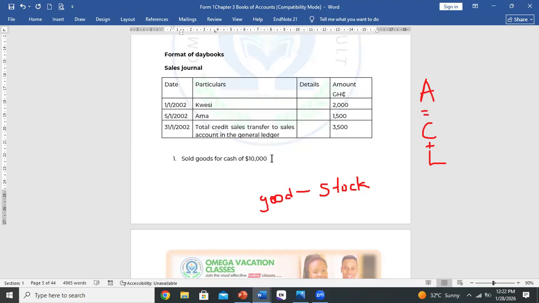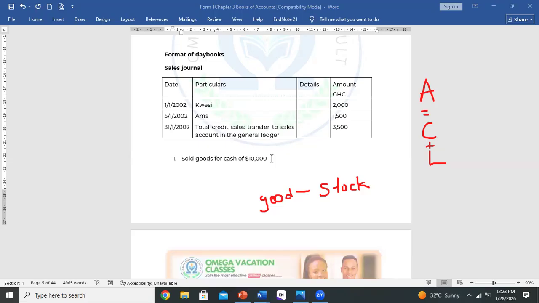Because if it is not the case that you are very comfortable with the double entry and all the effects these transactions have on the accounting equation, and then I'm taking you through day books and all those things, that will be a bad recipe for misunderstanding, or for good understanding, I should say. So let me hear from Adam.